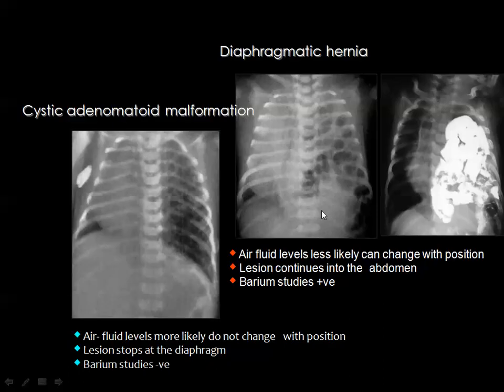Then, to confirm the diagnosis, you can use ultrasound and you can give barium. If you give barium from above and the lesion did not fill with barium, then you give barium from the rectum and the lesion did not fill with barium, then the diagnosis will be cystic adenomatoid malformation of the lung.